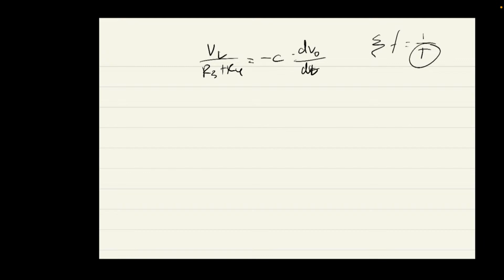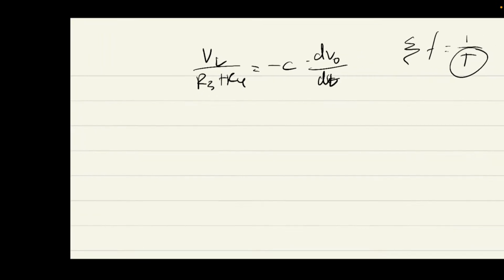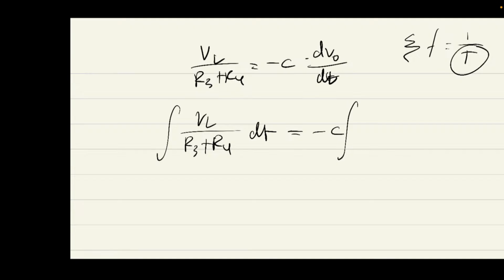Okay, so we have this expression which relates the voltage at the output to the voltage VL, right? Okay, so let's actually just integrate both sides with respect to t. And we're going to integrate from time t equals 0 to the time it takes to charge it, so Tc.